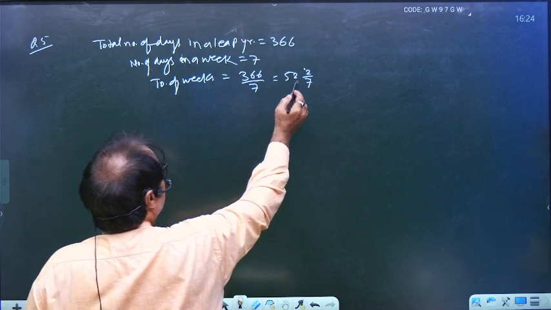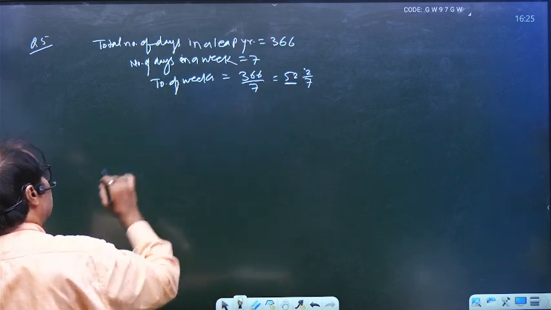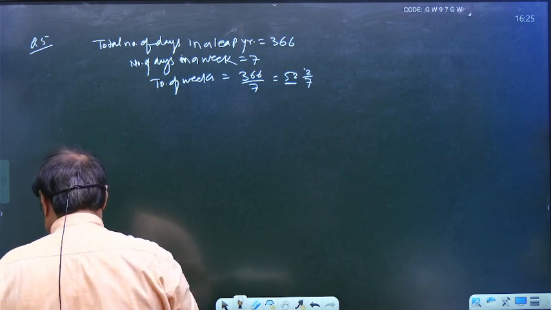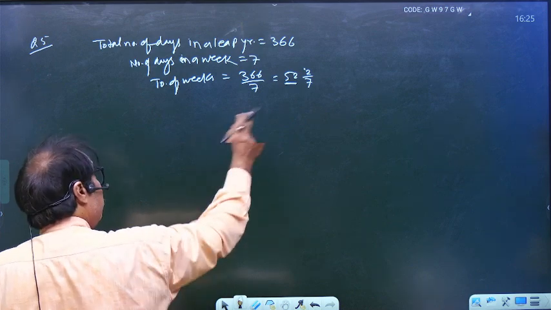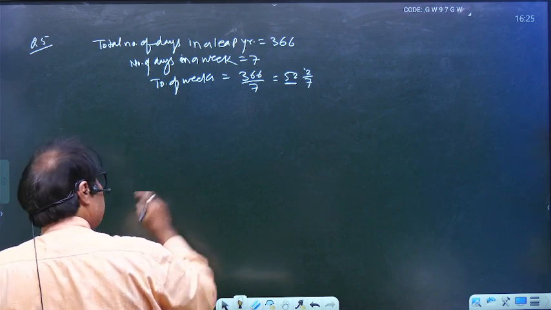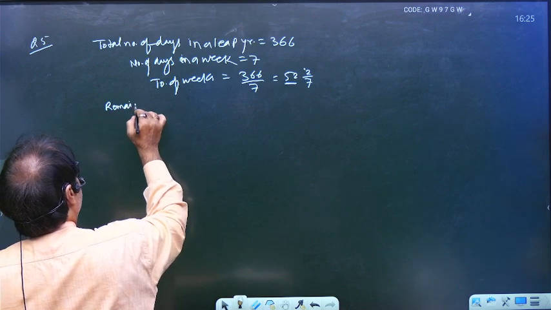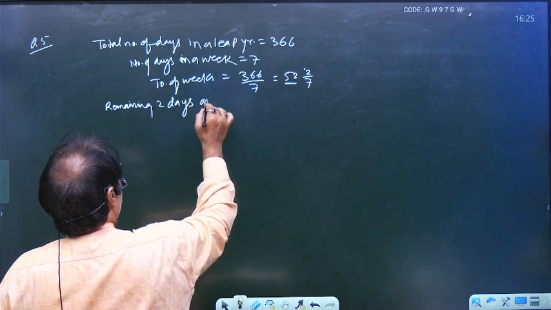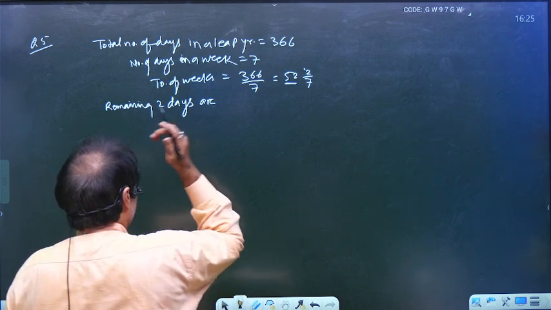So the probability of the 53rd Tuesday we have to find. So this 2 by 7 means out of 7, 2 days should be equal to the remaining 2 days. So these remaining 2 days may start from Monday.